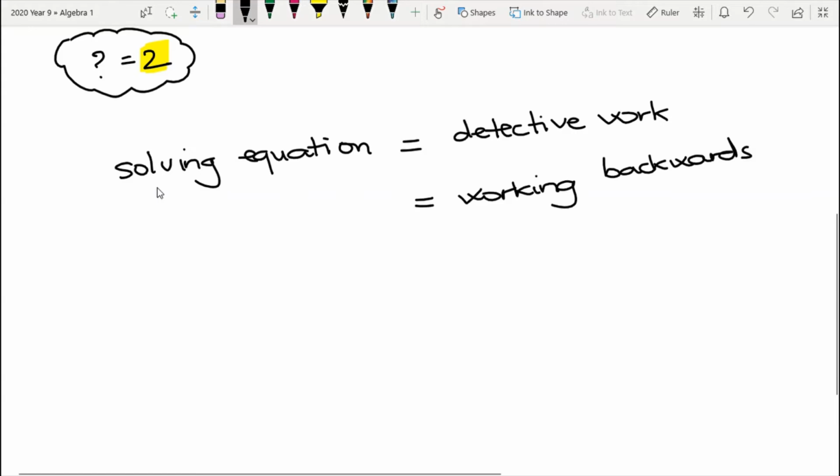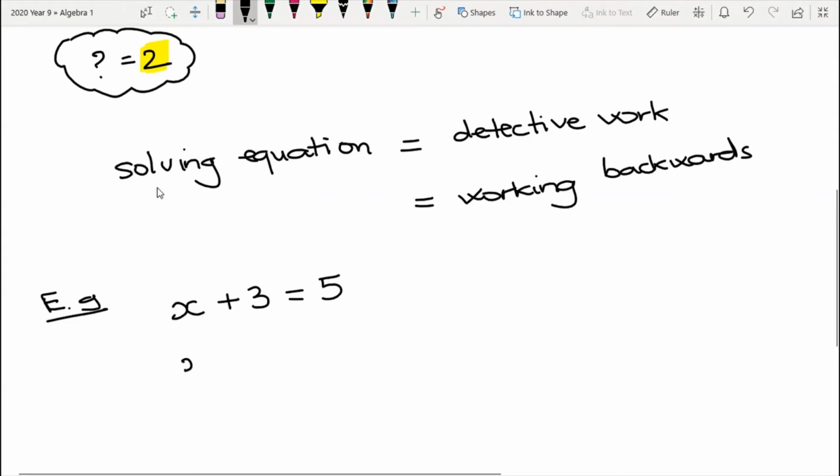Instead of a question mark, in general, if you're finding something, you call it X, the missing thing, so X plus 3 equals 5. In this scenario, we are finding X. To find X, it's real simple.